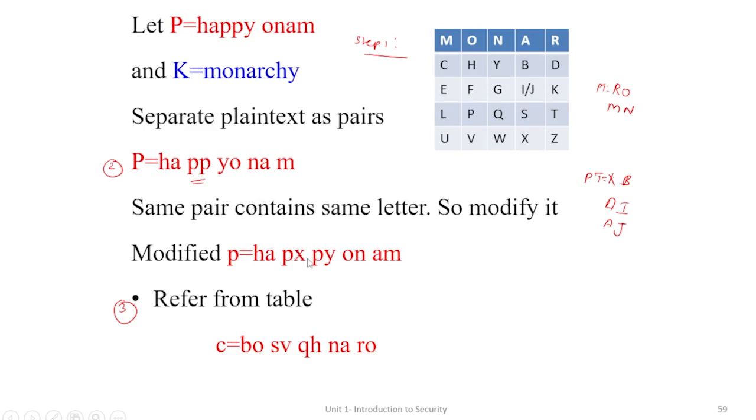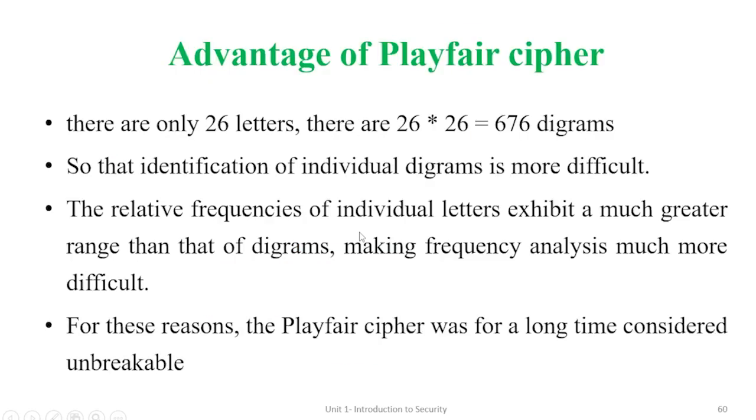Just check here, it is an extra X, because its left side and right side values are the same. If I hide this X, the plain text gives the meaningful one. In that situation, you can remove the extra X from the plain text. So this is the overview of the Playfair cipher and its implementation.